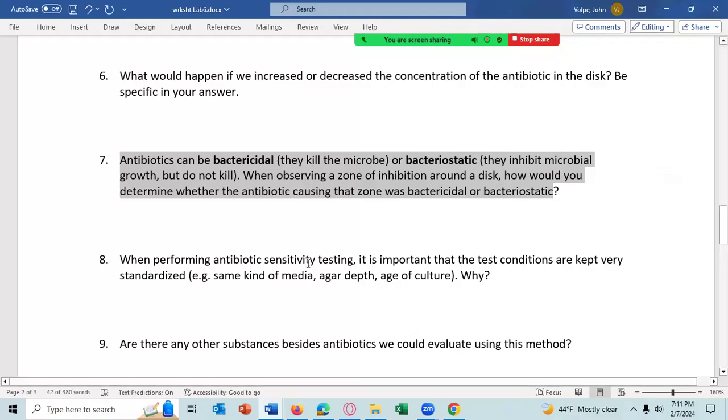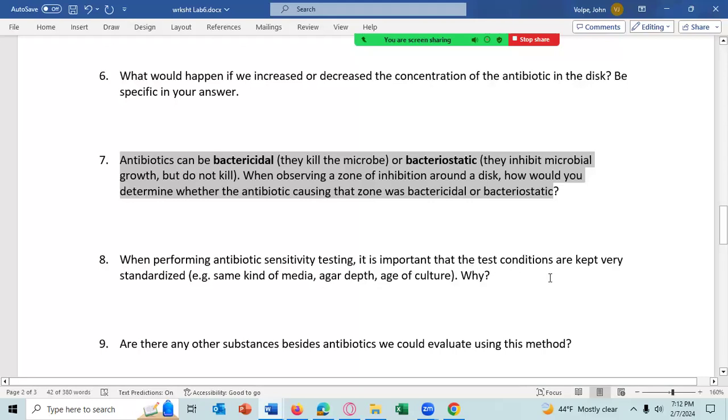All right. 8: when performing antibiotic sensitivity testing, it's important that the test conditions are kept very standardized, meaning we use the same kind of media, Mueller-Hinton media. The agar depth is always the same. The age of the culture is always the same. The pH of the culture is always the same. Why?